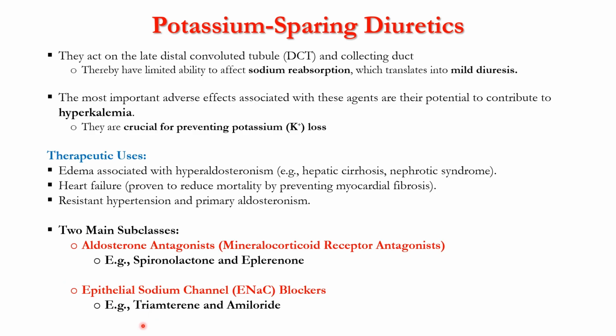As an example, triamterene is one of the examples. The epithelial sodium channel blockers mostly act on the late distal convoluted tubules, whereas the aldosterone antagonists or the mineralocorticoid receptor antagonists act on the collecting duct.